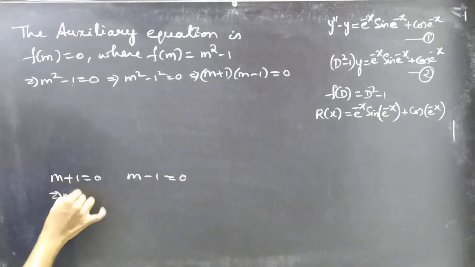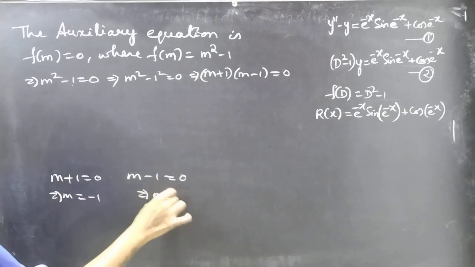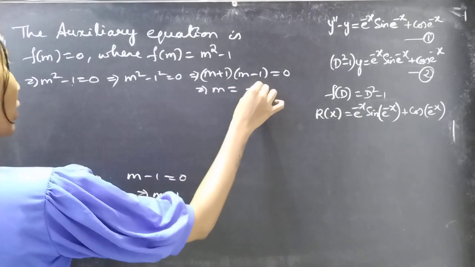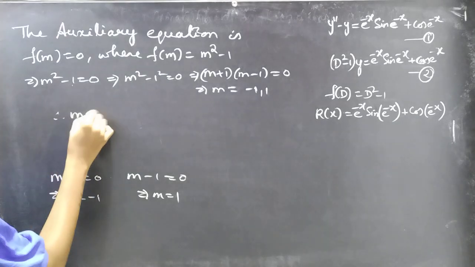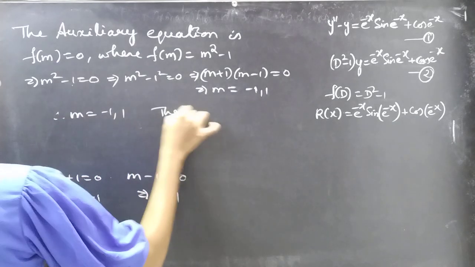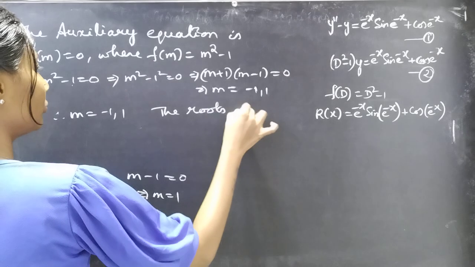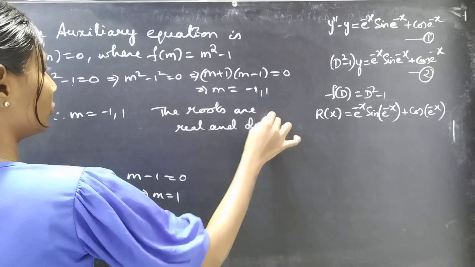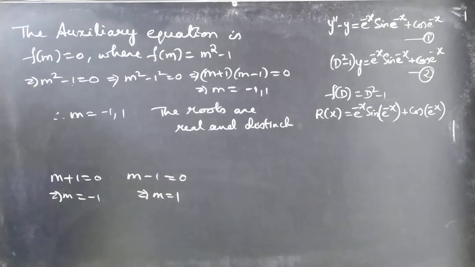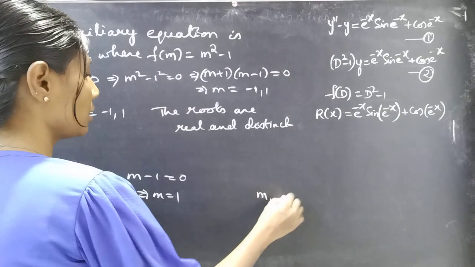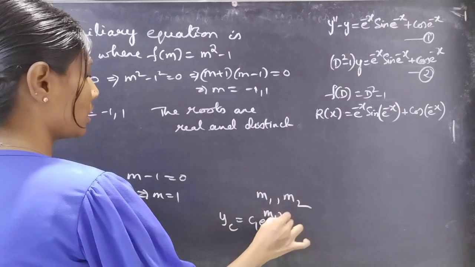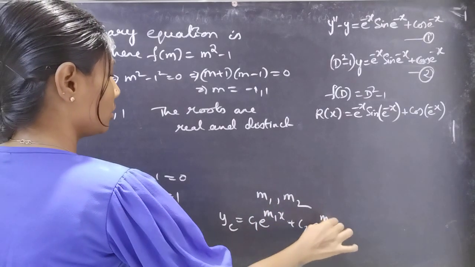When m plus 1 equal to 0, we'll have m equal to minus 1. When m minus 1 equal to 0, we'll get m equal to 1, right? Therefore the roots are minus 1, 1. The roots are real and distinct. We know that when two roots, say m1 and m2, are real and distinct, then yc looks like c1 e^(m1 x) plus c2 e^(m2 x).